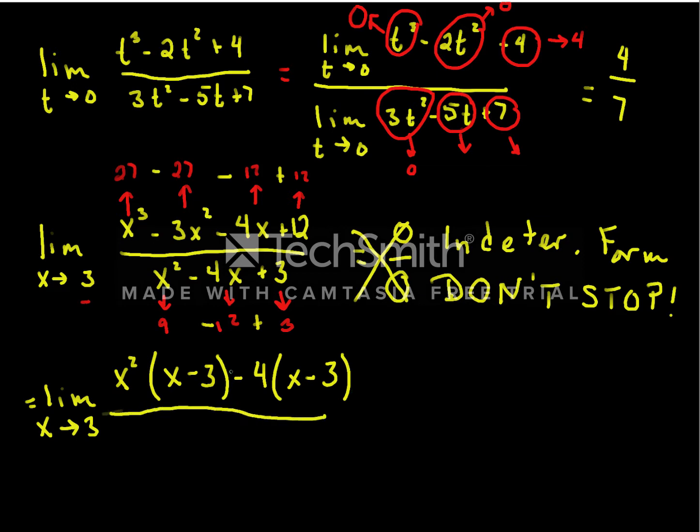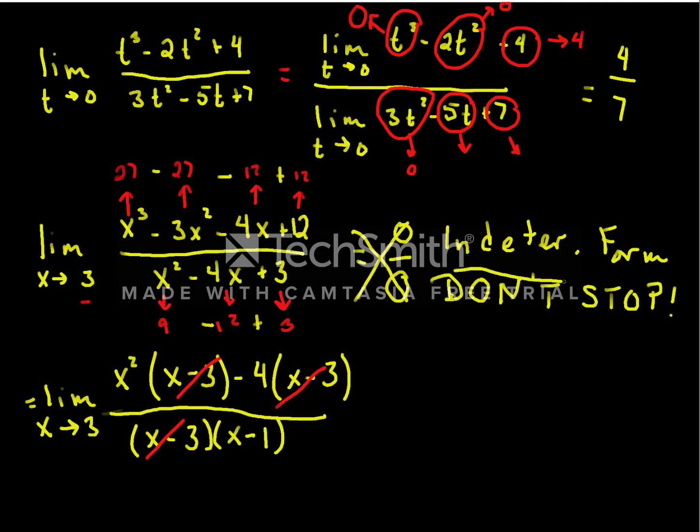The bottom factors into, let's see, it's a 3, so there's a 3 and 1. It's got to add up to 4, so the bottom will be x minus 3 times x minus 1. And now that's a good sign, because check it out. I've got a common term of x minus 3 on the top, and an x minus 3 on the bottom, so they cancel, which is what I'm always looking for when I've got indeterminate form.